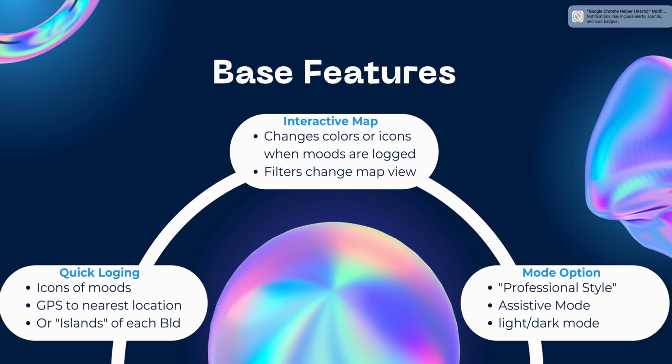Then there is a mode option. Since it is tailored to Cal Poly students, we want an option for a professional style, in case you're in class and a professor asks what you're doing on your phone. So there are 2 modes. One is a professional style, which is more minimal and tailored towards professors, the older crowd.